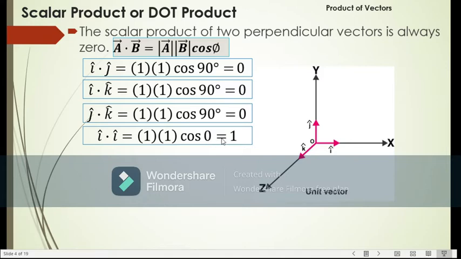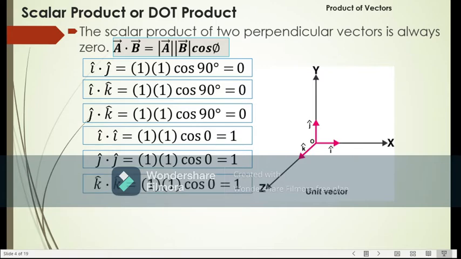It will give us a result of 1. The same goes with j dot j equal to 1 and k dot k equal to 1. So what you can observe here is that we get a result if we are multiplying the same vectors having the same direction. But if we are multiplying vectors having different directions or perpendicular to each other, the result will be 0.